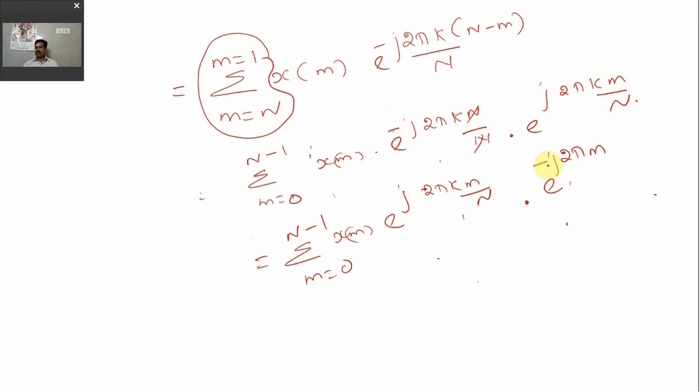The value of e to the power minus j 2 pi m is 1, so multiplying 1 with this number will not change the value.